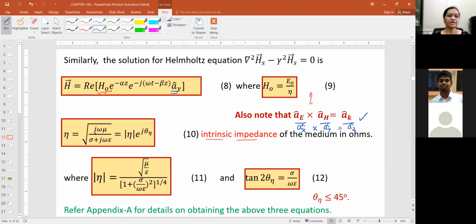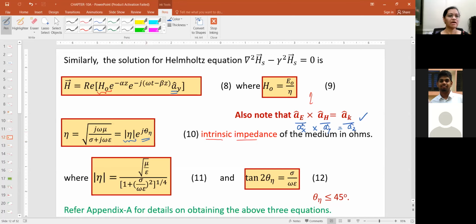Intrinsic impedance is given by this particular formula, square root of j omega mu by sigma plus j omega epsilon. You can write it with a magnitude and an angular part.